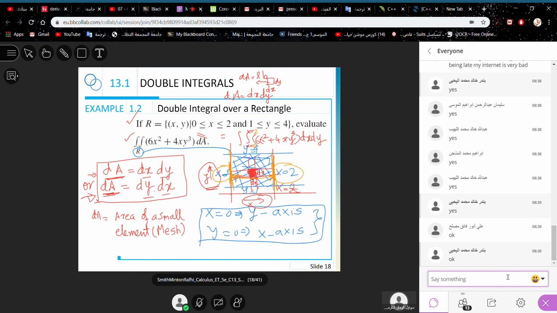The limit for x starts from left to right, and the limit for y starts from down to up. So at the left side, how much is the x?